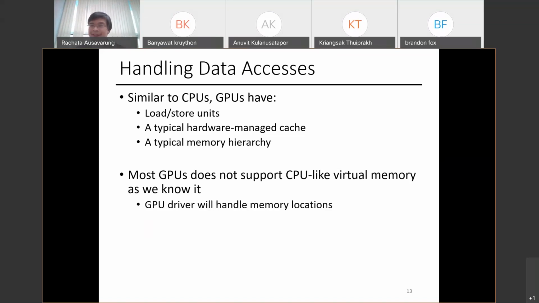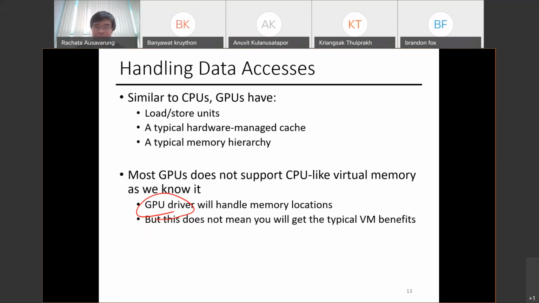The reason why that is the case is that the GPU does not have an OS. It relies on the driver from the CPU side to handle memory allocation. This doesn't mean you don't get the typical virtual memory benefits, but there are things that you cannot do.